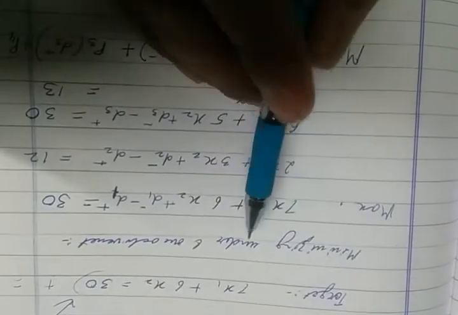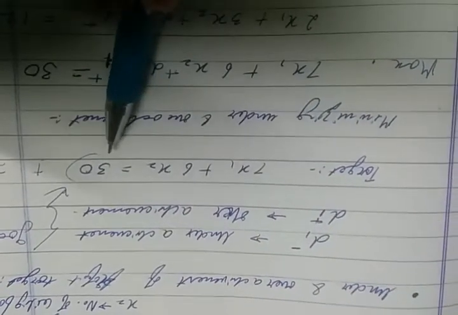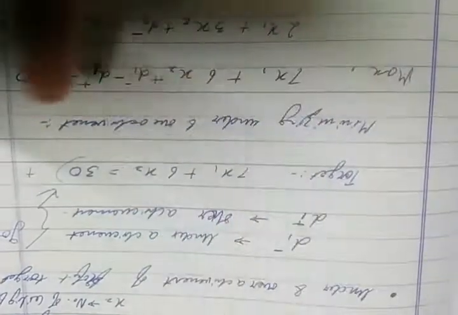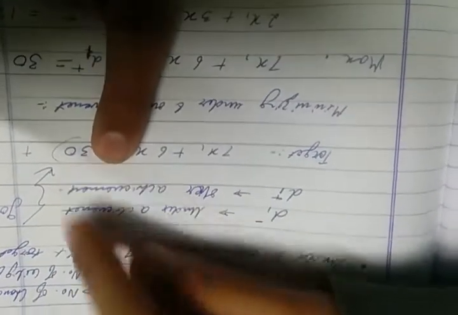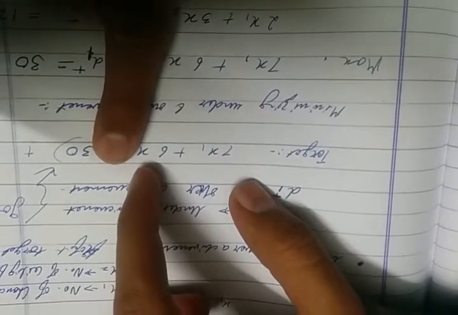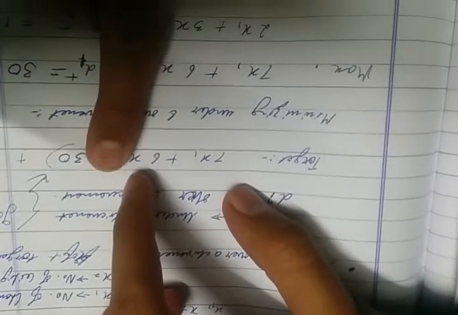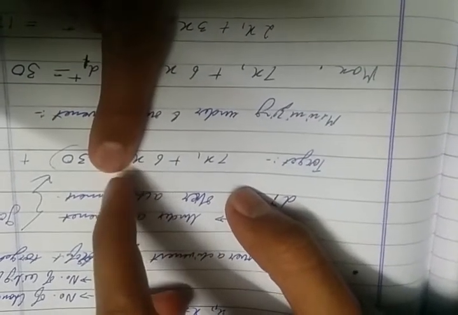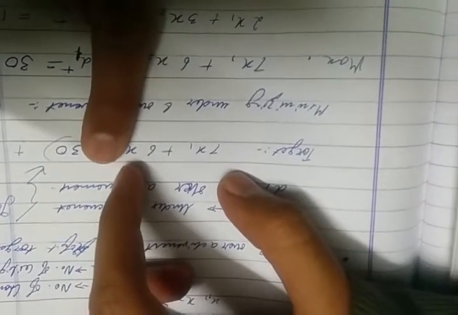Now how did this equation come? Here my purpose is to attain exactly 30 of profit, so I'll put an equals sign. If it is an underachievement, that is d1 minus, then the LHS will be something lesser than 30, say 28. To equalize this equation, I need to add that 2.